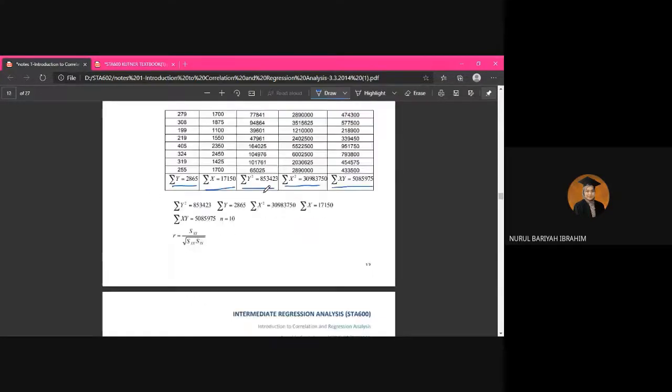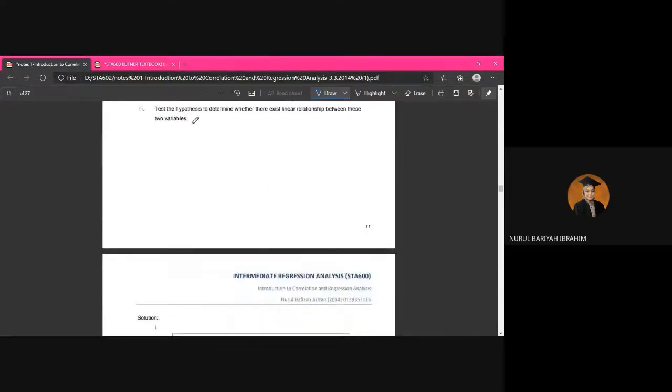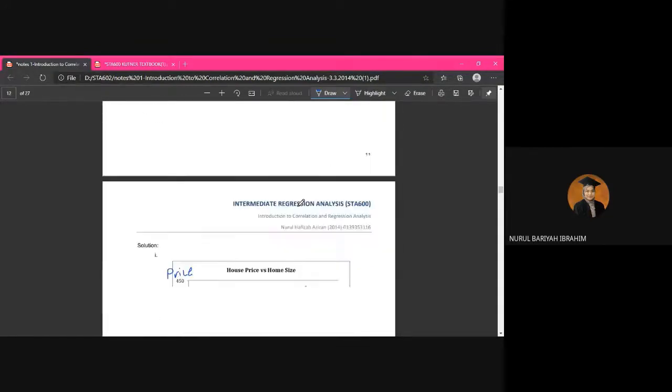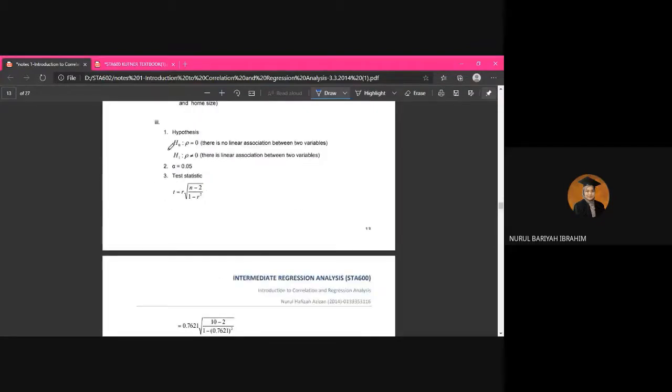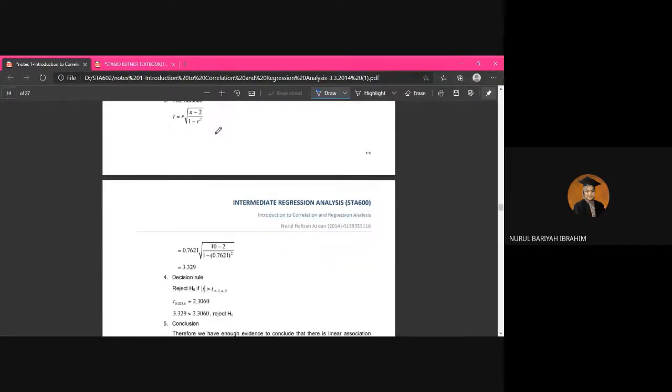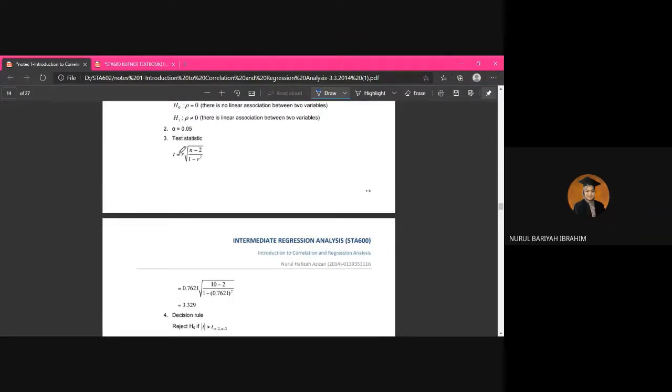Okay, the next question is test the hypothesis to determine whether there exists linear relationship between these two variables. So this is the hypothesis. Like I said just now, whether you can put rho sahaja, nak letak rho 1 tu pun boleh, nak letak beta pun boleh.